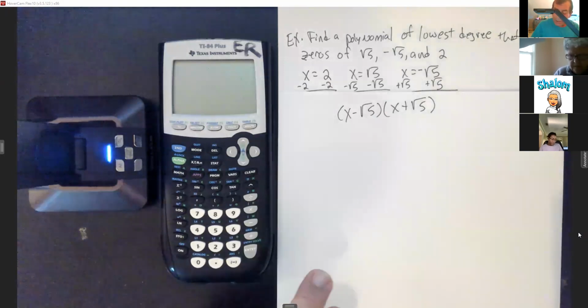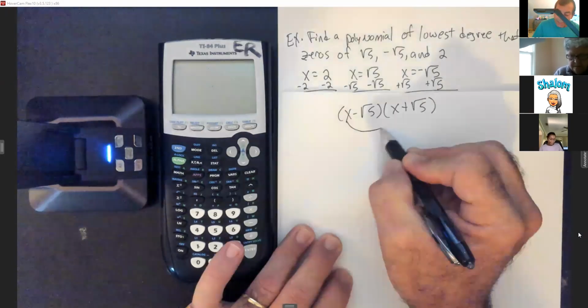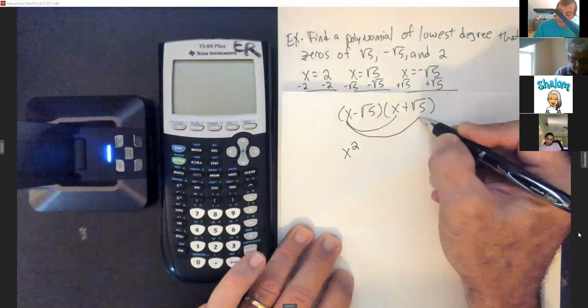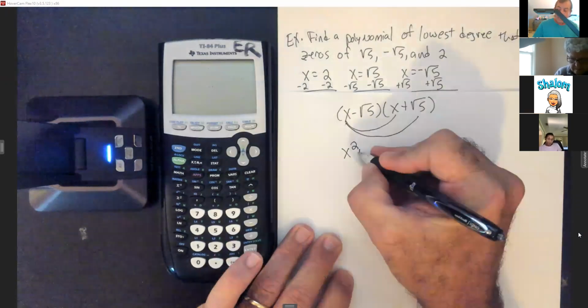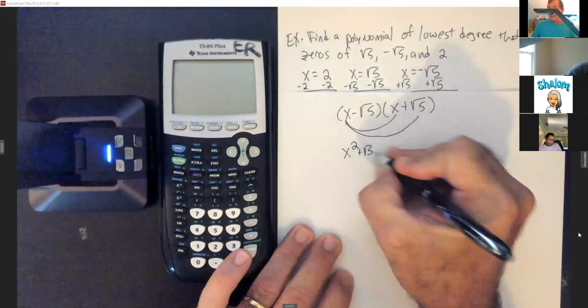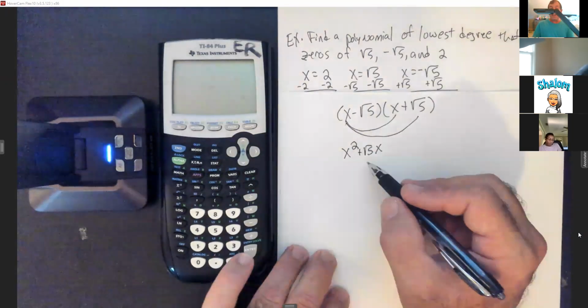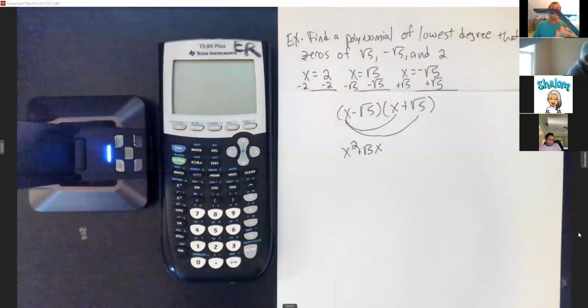So watch this. X times x gives me x squared. X times square root of 5 is a square root of 5 times x. Now notice, I didn't put the x under the radical. When you multiply stuff in radicals, what's inside a radical can only multiply by other things inside radicals, okay?